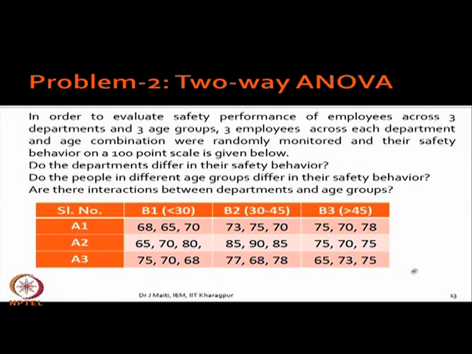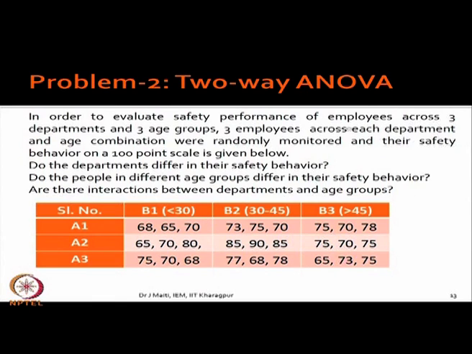Now, here is the same example, but the data are hypothetical. So, you may not get an exact one-to-one relationship between the department effects in this problem and the problem given in 1, that may not be correct, but let us see that it is a separate problem now.